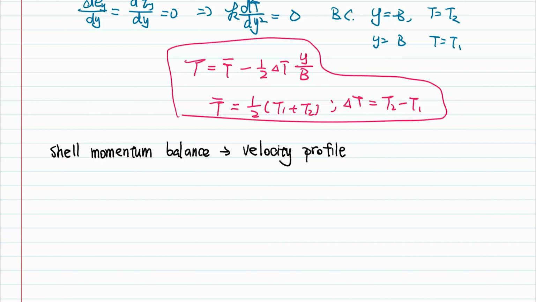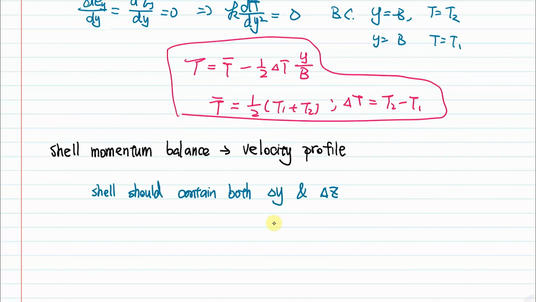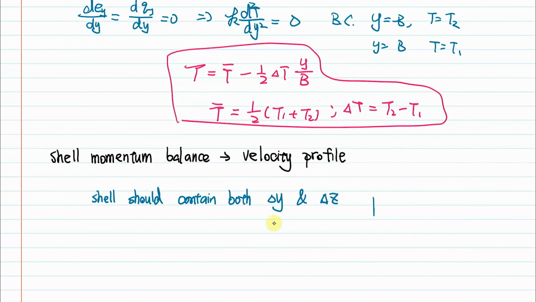If you want to consider both directions, that means the shell should contain both delta y and delta z. So you might have a shell that looks like this, with delta y and delta z here.